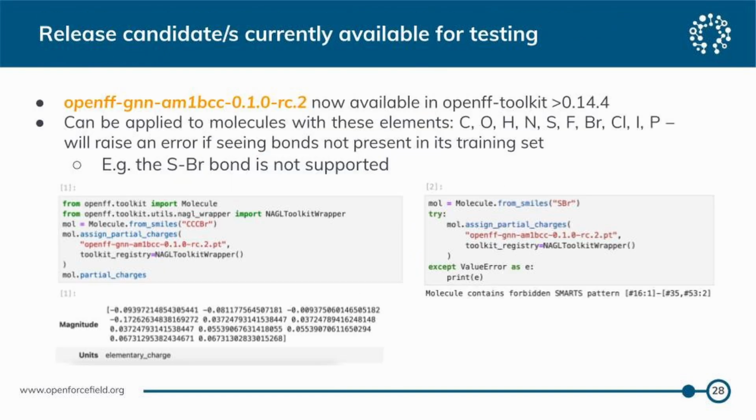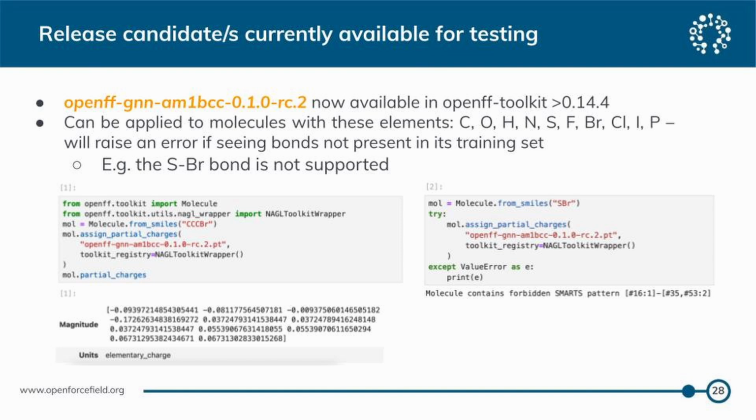So the release candidates of NAGL are publicly available for use. If you're at all interested in these models, we would really love for you to try them, and we would welcome any feedback and any issues you run into so that we can improve the model. The easiest way to do this is probably through the OpenFF toolkit using the NAGL toolkit wrapper, although with the caveat that there are some safeguards built in here.